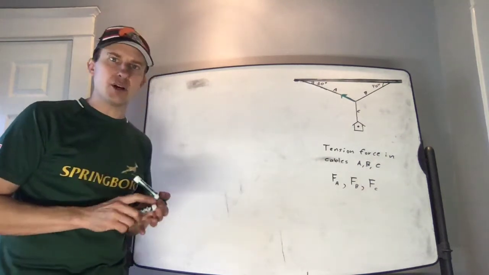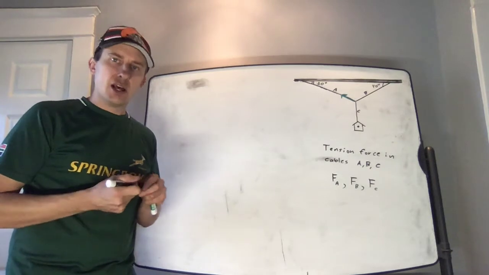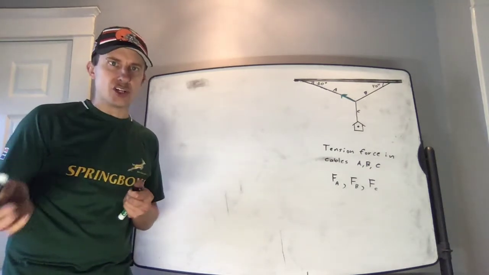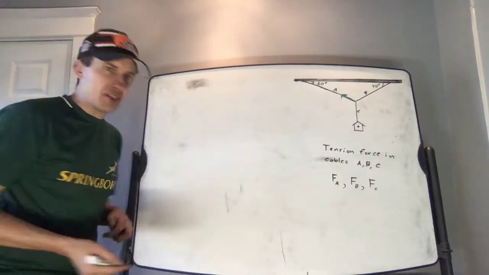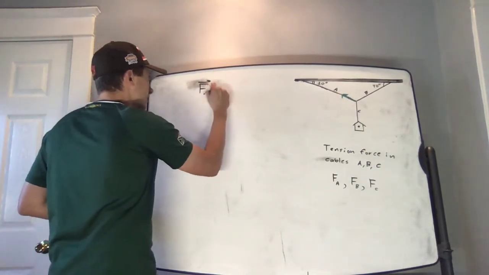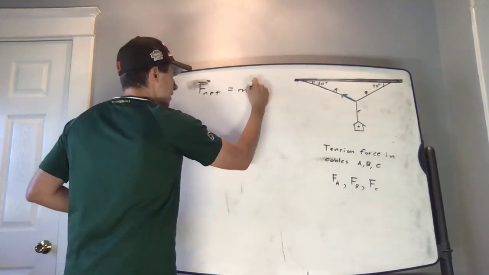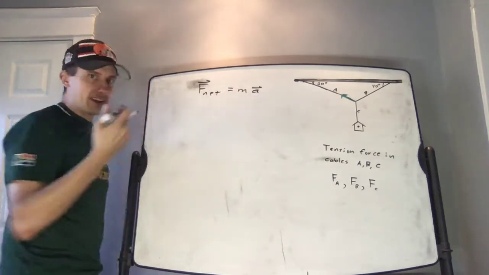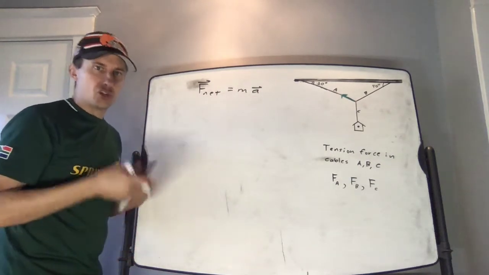The second theme of this problem is that Newton's second law, F net equals ma, is really 2 equations disguised as one. By that I mean, if I write F net equals ma as a vector, because F net is a vector and because a is a vector, these are really 2 equations.